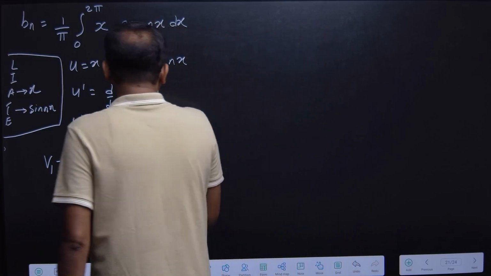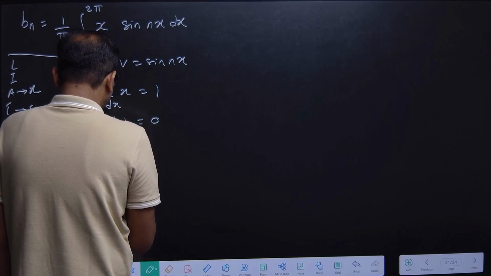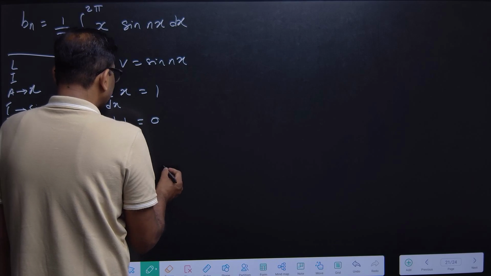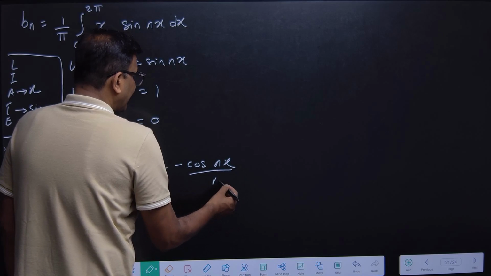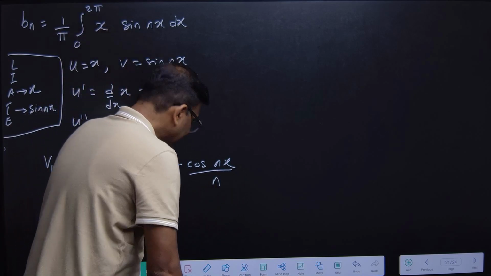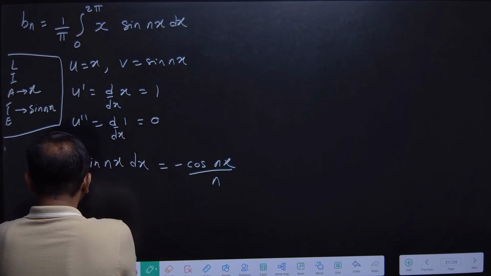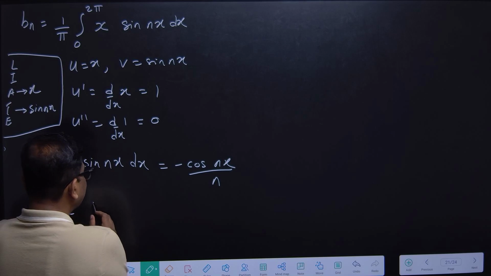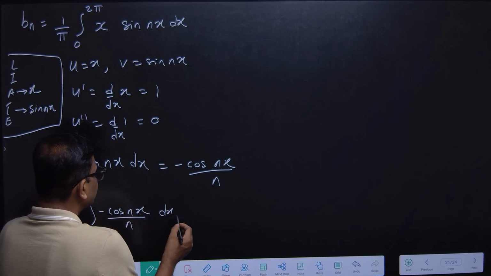We'll find v1. v1 is integration of v. So it is integration of sine of nx dx, which will be minus cos of nx upon n. Remember, integration of sine ax is minus cos ax upon a. And v2 is integration of v1, that is the integration of minus cos of nx upon n dx.